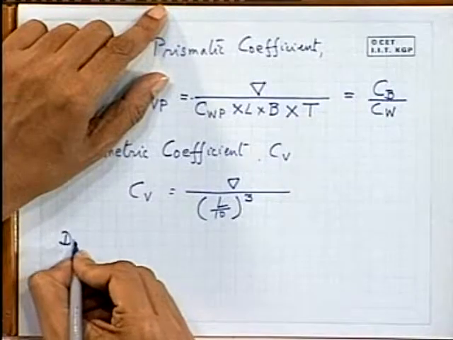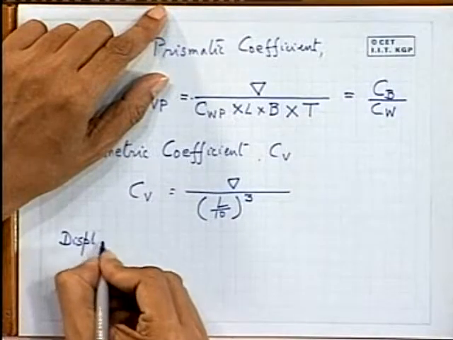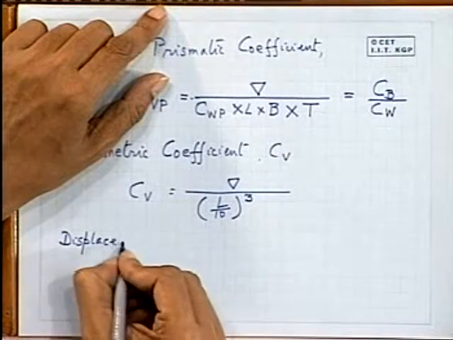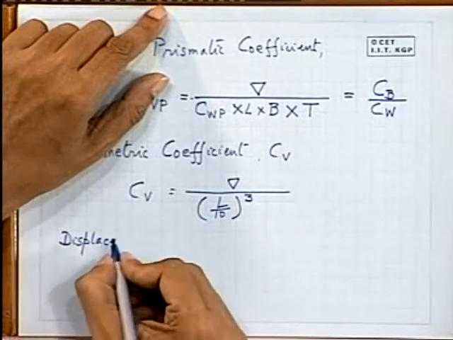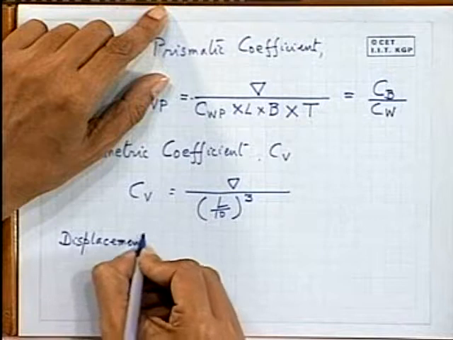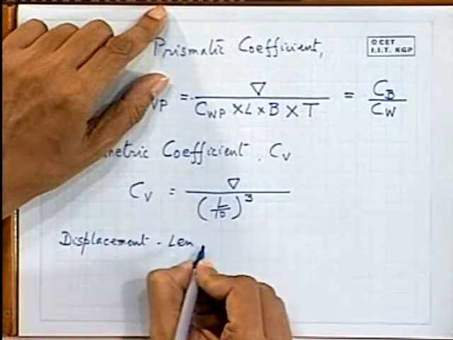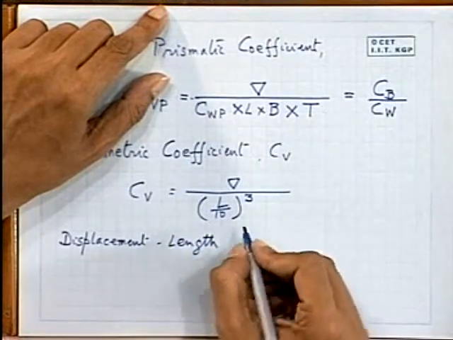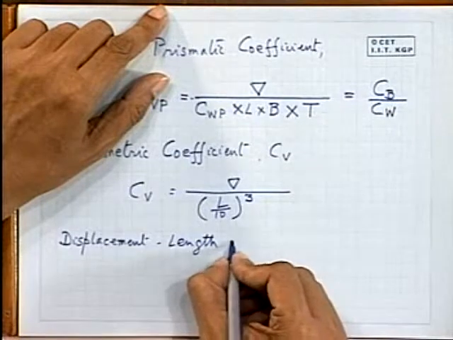Normally there is another ratio which is called the displacement length ratio. All these ratios are important for resistance calculation. You come across this when you study ship resistance.